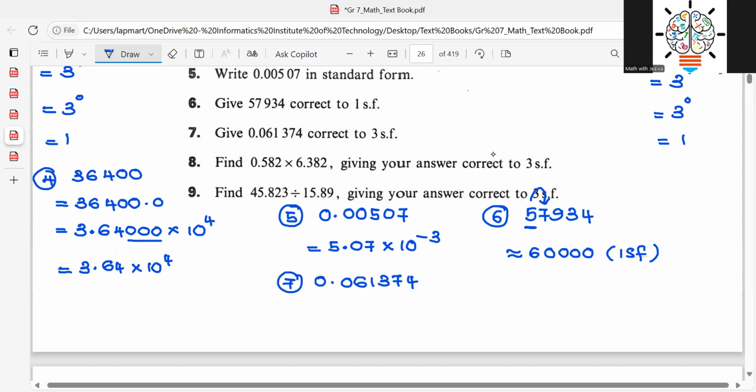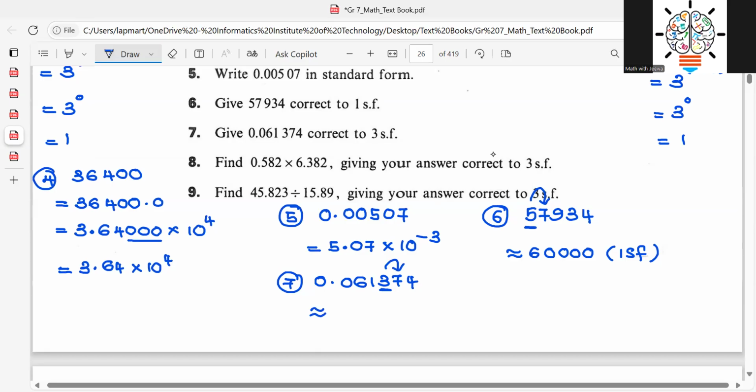After that, if you come across zeros, yes, we can identify them as significant figures. But in the front, if you come across zeros, they are not significant figures, right? According to this, in question number 7, 6 is the first significant figure, 1 is the second significant figure, and 3 is the third significant figure. You underline it and you look at the next one.